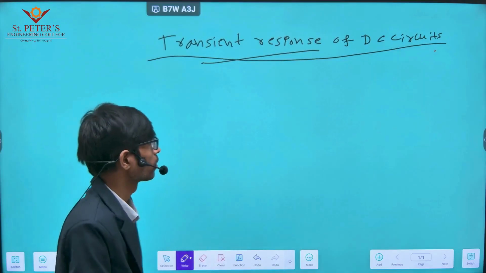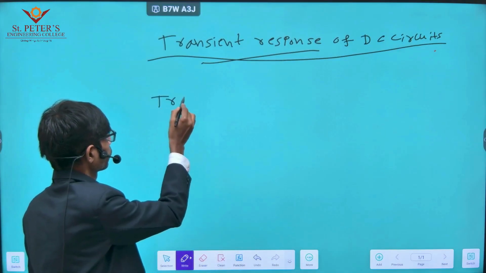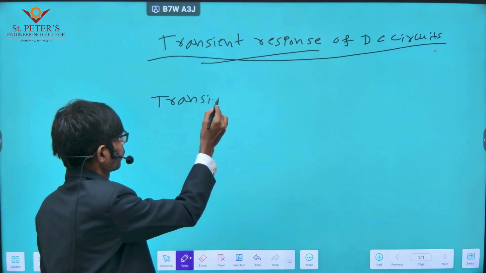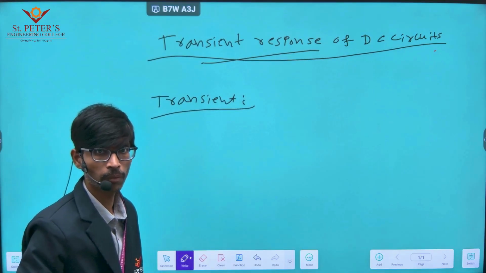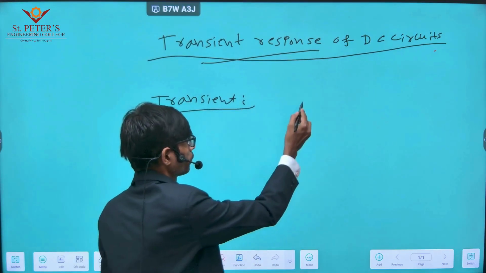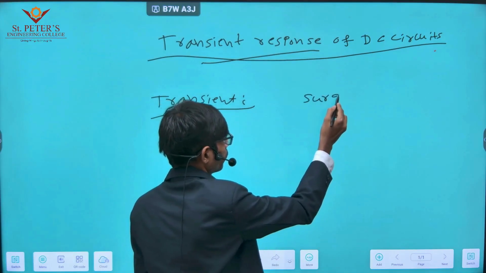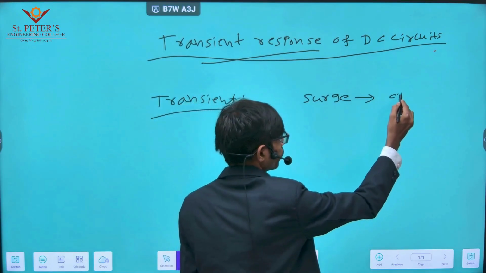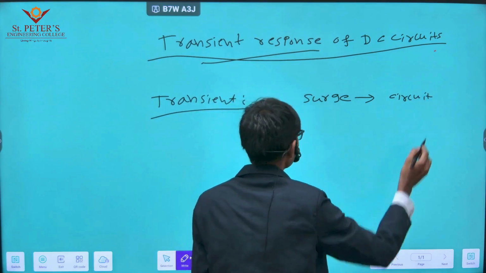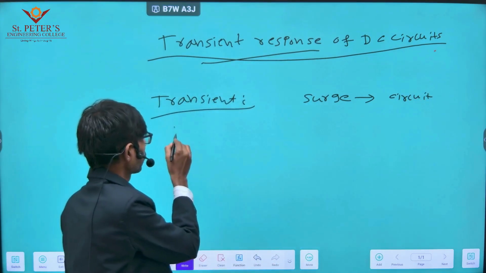Okay, so transient means a sudden surge applied to the circuit. And what is the transient response?